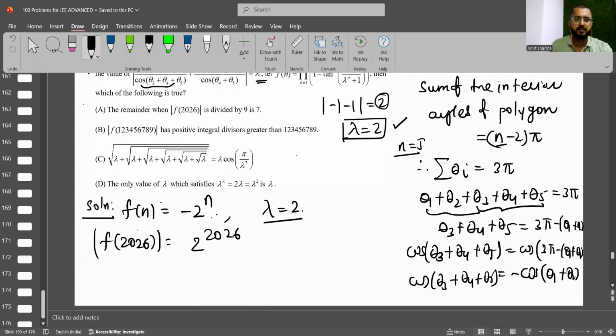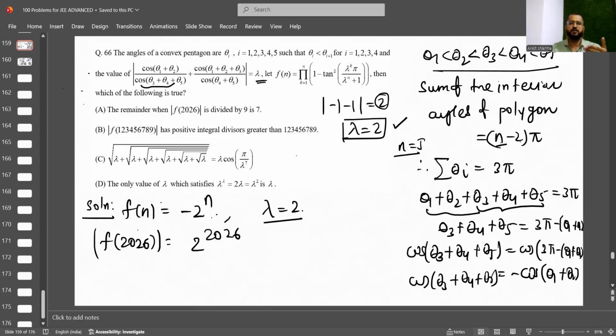If you're using the remainder theorem, we have to write down powers of 2 in the form of something which is very close to 9, so that we can use the remainder theorem or the binomial, your choice. So the ultimate goal would be right now 2025 and then into 2, because this is now divisible by 3.